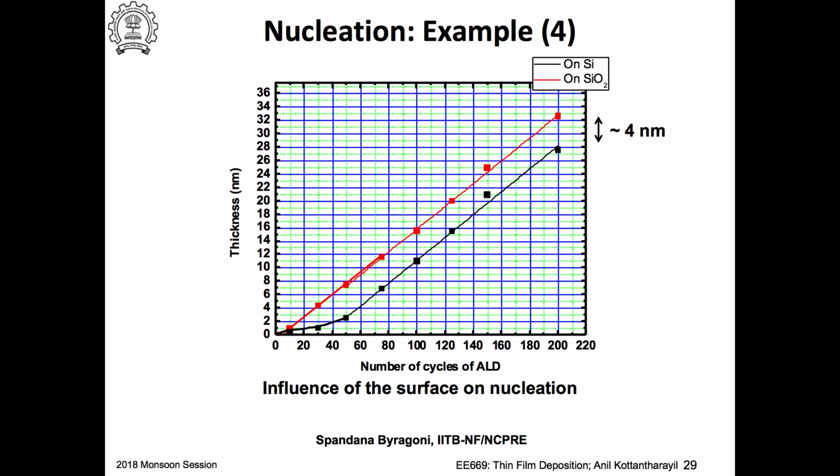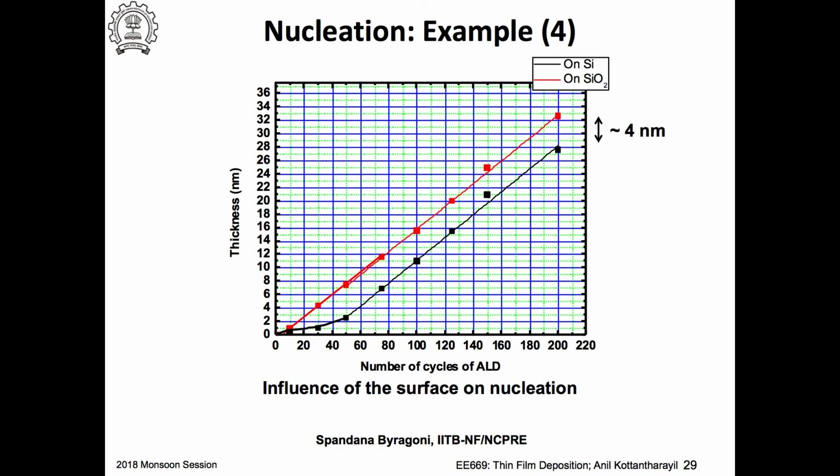It almost starts at 0, or you can extrapolate it to 0. There is still a small offset. But if I am growing it on silicon, so I've done an RCA cleaning, etched off the oxide, and I grow this zinc oxide, you can see that it has a nucleation delay. This is where the initial nucleation is happening.